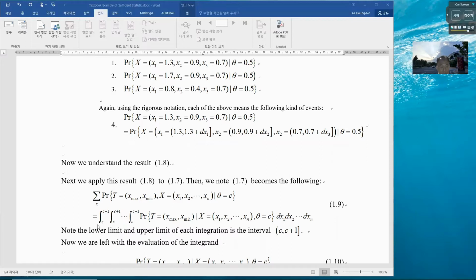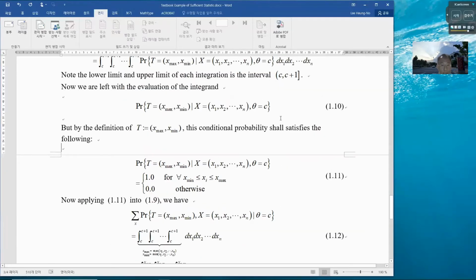So this thing is integration over this n-dimensional vector, and each and every element has a limit from c to c plus 1. And in such a case, the integrand is not equal to 0. And what's left is this first part. Now we need to evaluate this expression within this interval. We consider this event right here.